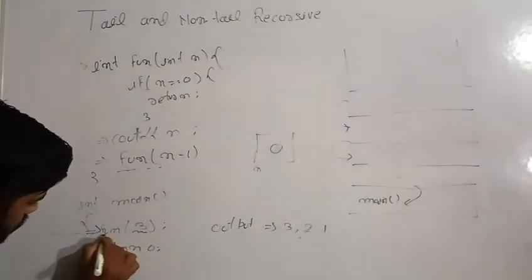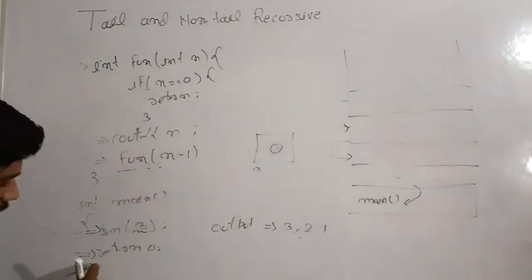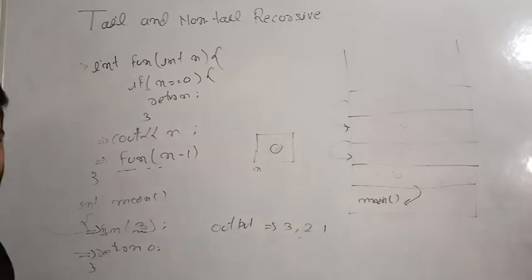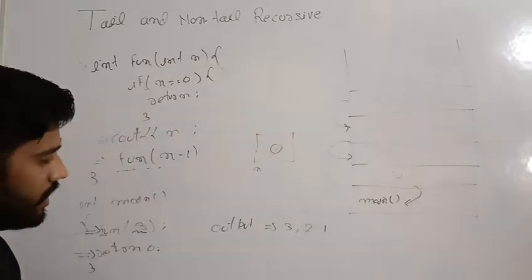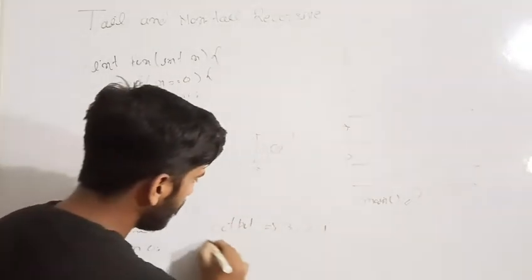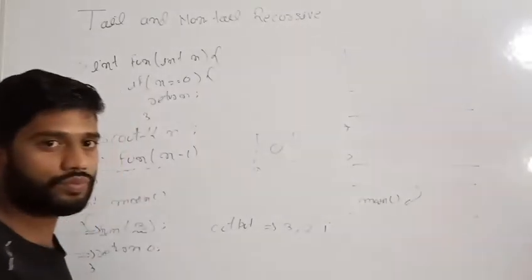After this there is a statement, return 0, so the program has been successfully run and provides this output.